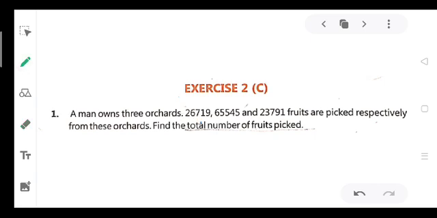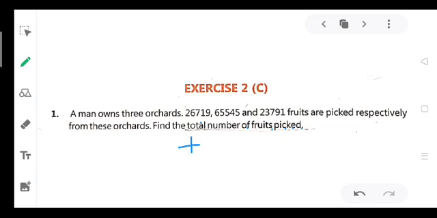So he picked 26,719 fruits from the first orchard, 65,545 from the second orchard, and 23,791 from the third orchard. So there we have to write three statements. Find the total number, total fruits we have to find out. It means we have to do addition here.